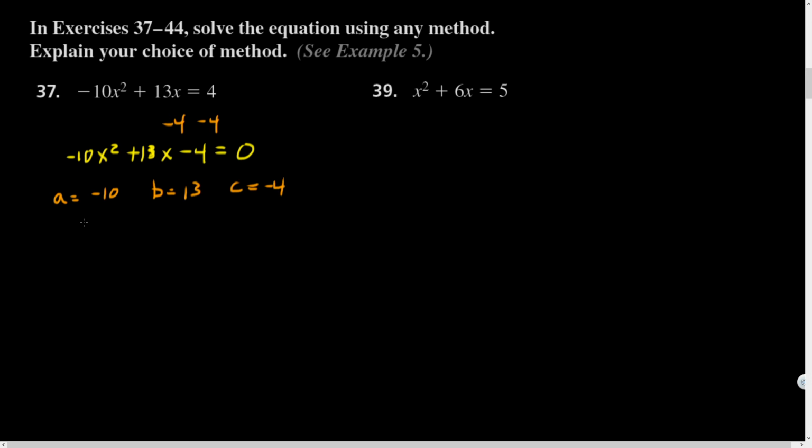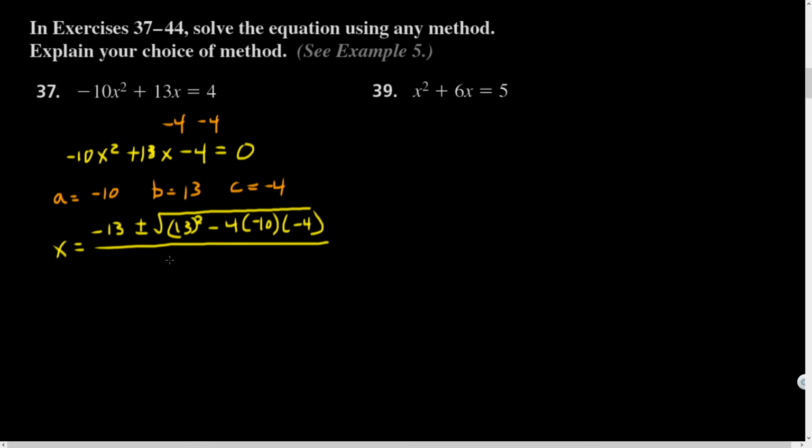Here we go. Quadratic formula goes a little something like this: x equals the opposite of b plus or minus the square root of b squared minus 4ac, all over 2a. And so yeah, I'm about to be reaching for a calculator real fast. 169.